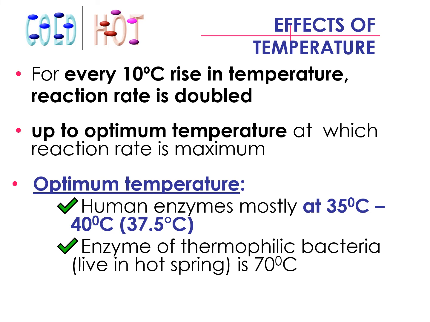Some of the enzymes will be damaged by the high temperature. That's why when we have a high fever, it is advisable for us to try to reduce our body temperature. While the enzyme for thermophilic bacteria, bacteria that live in a hot spring, is 70 degrees Celsius. So different species will have different optimum temperature.